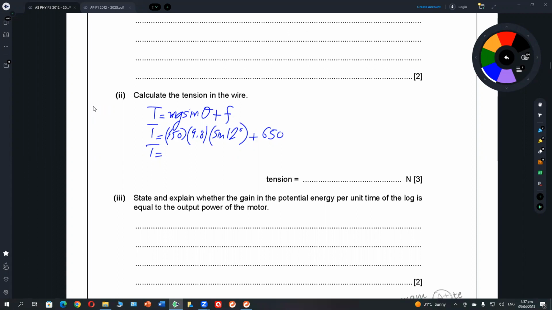I'm getting 1570. Yes, 1567.8, so I rounded it to this.